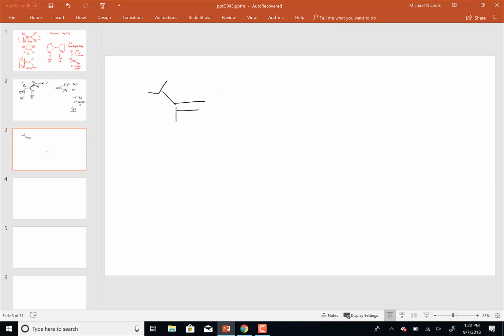Again, it might be worth the extra couple seconds to draw in the groups here, so that it helps you see not only in naming what the groups are, but also what those groups are that I'm going to be identifying.